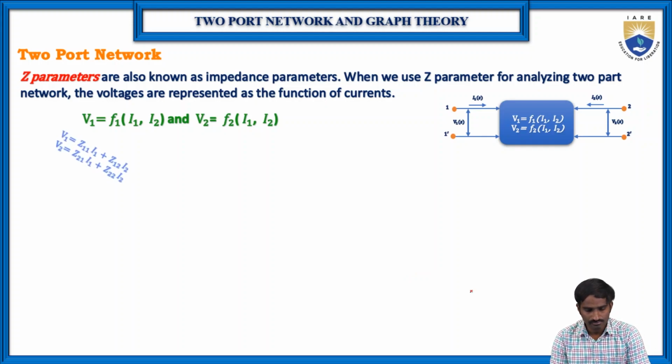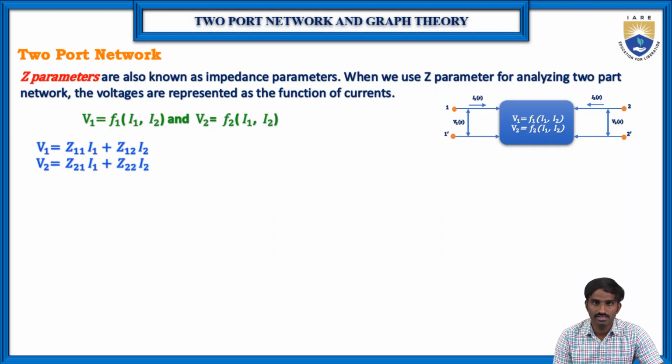If you write the relation, V in terms of the functions of I1 and I2, these are the equations: V1 is equal to Z11 into I1 plus Z12 into I2, and V2 is equal to Z21 into I1 plus Z22 into I2.